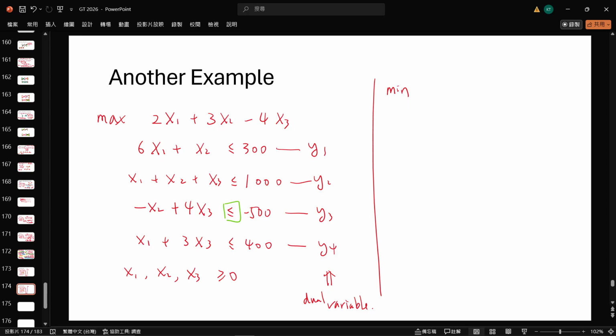The right-hand side of the weighted combination will be 300 y1 plus 1000 y2 minus 500 y3 plus 400 y4.